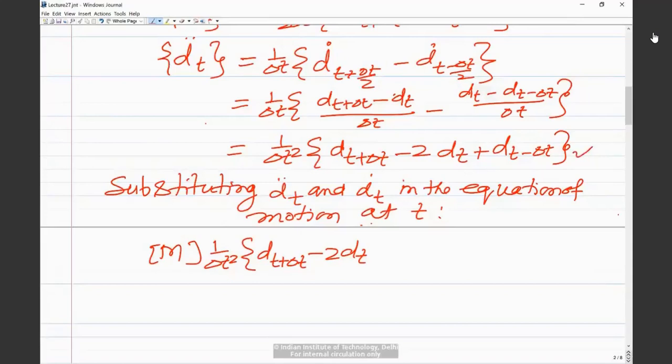In central difference it is written in terms of the values at t plus delta t, t and t minus delta t. If it were written the other way, it would be in terms of d at t minus 2 delta t and so on, and that would be difficult to get at the initial time when we start, because we will not know the solution d at minus 2 delta t.